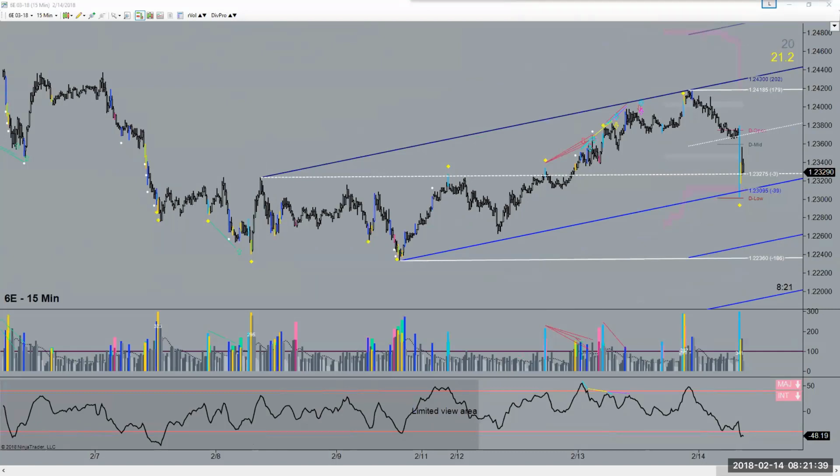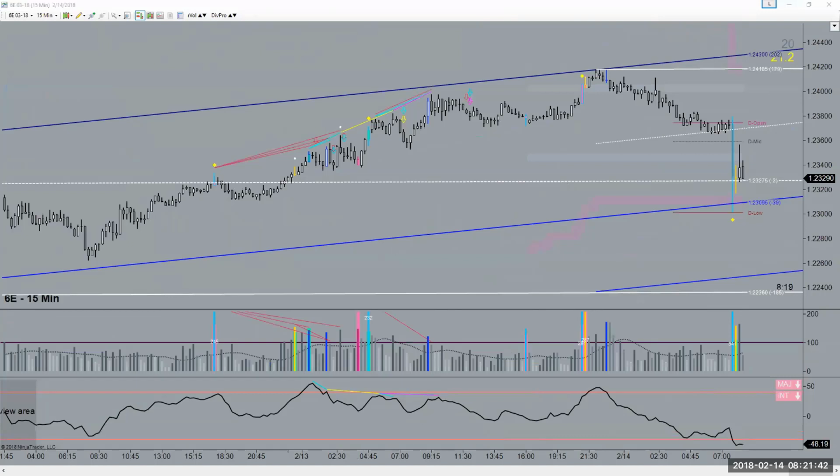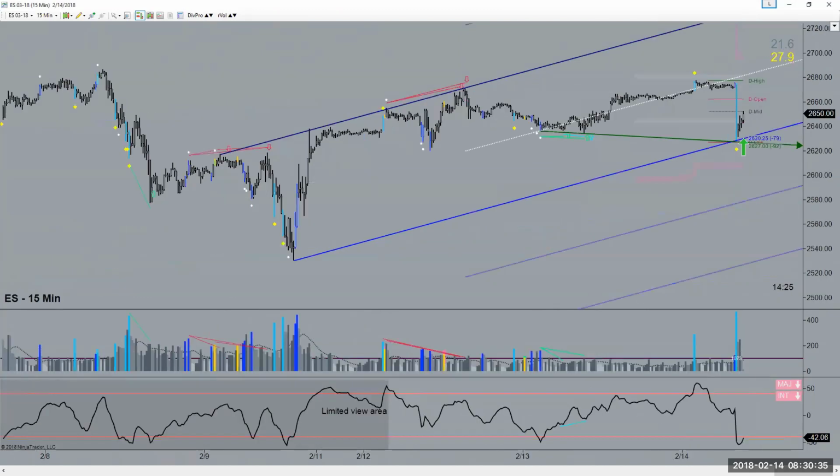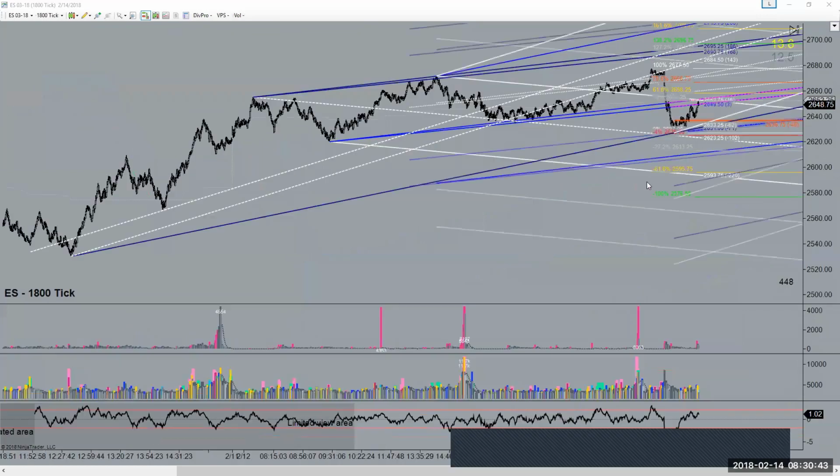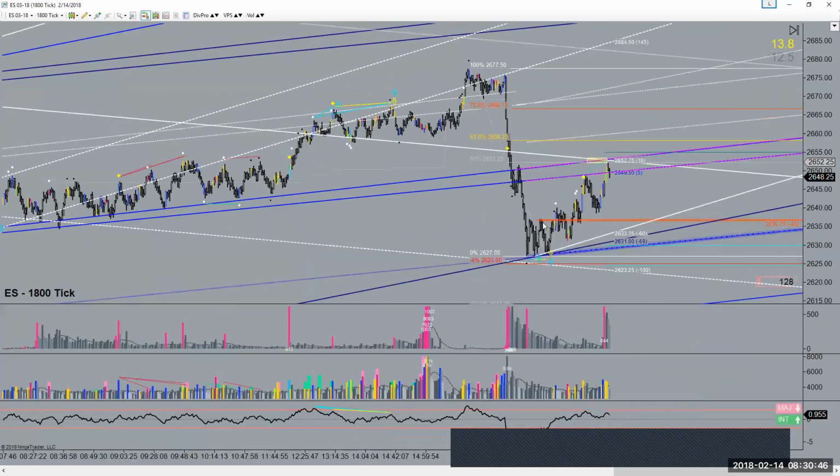6E is coming back down as well. Could be a little swing high there in the ES, right at the open.